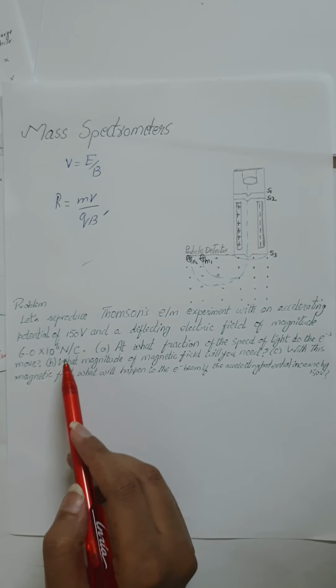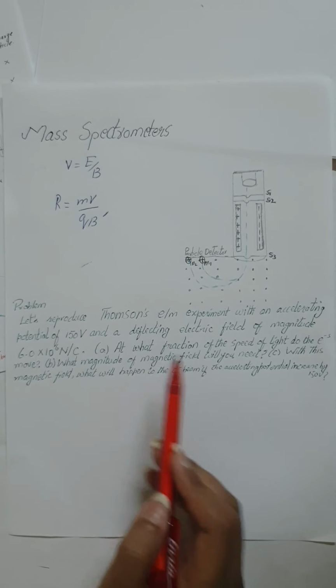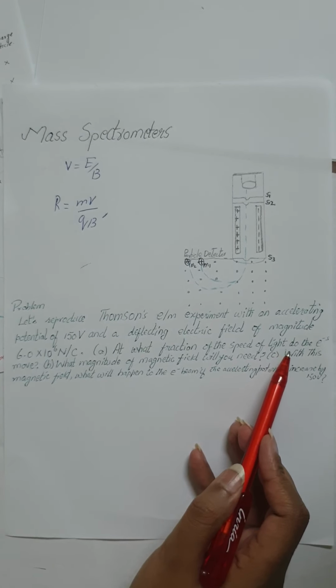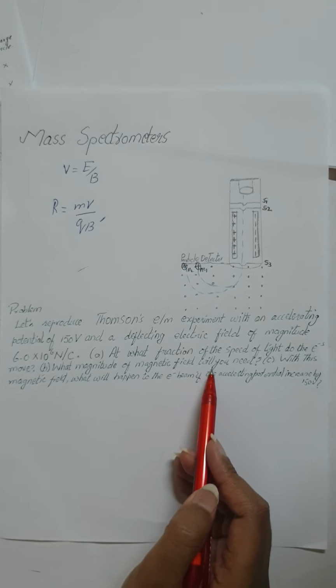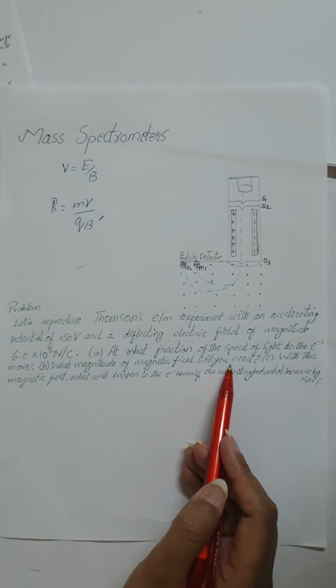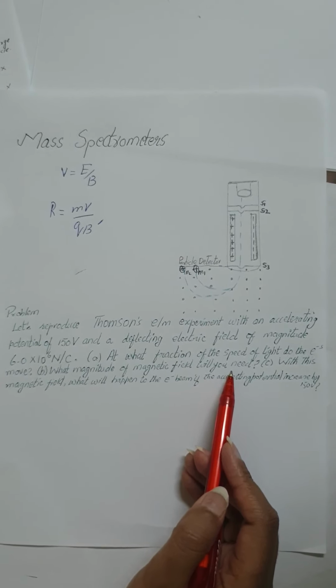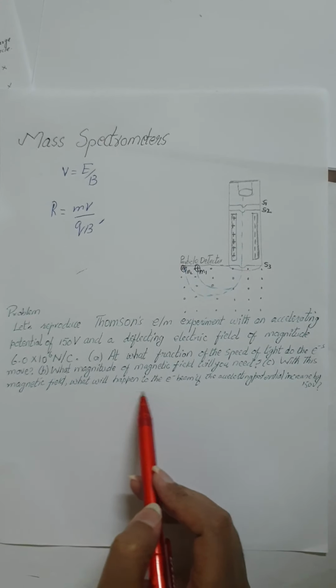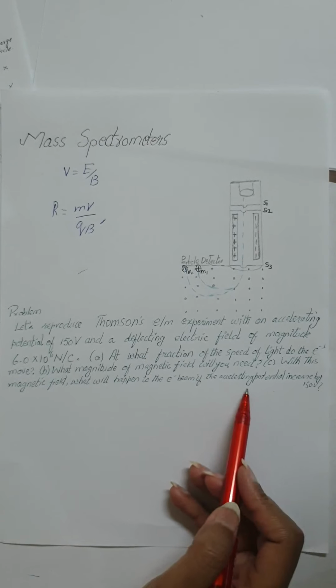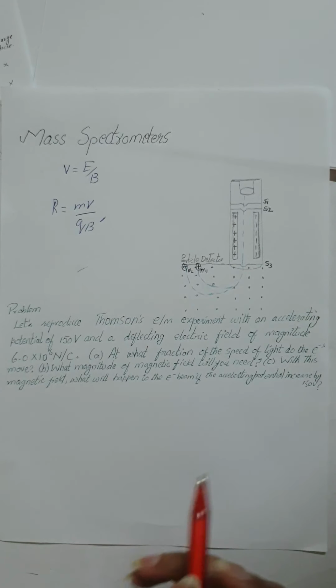What we are interested to calculate is, first, what fraction of the speed of light do the electrons move, second, what magnitude of the magnetic field we need for this, and third, with this magnetic field what will happen to the electron beam if the accelerating potential increases by 150 volts.